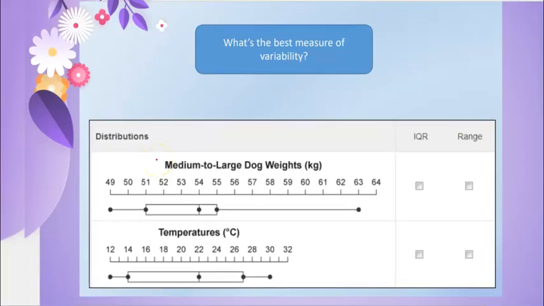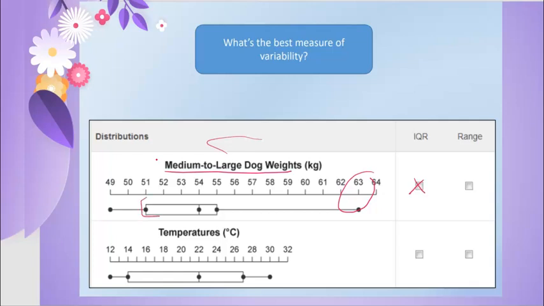Okay, if we look at our interquartile range of our data for number 1, the medium to large dog weights, we have an outlier over here. So the best measure of variability for the top box and whisker plot would only be the interquartile range.